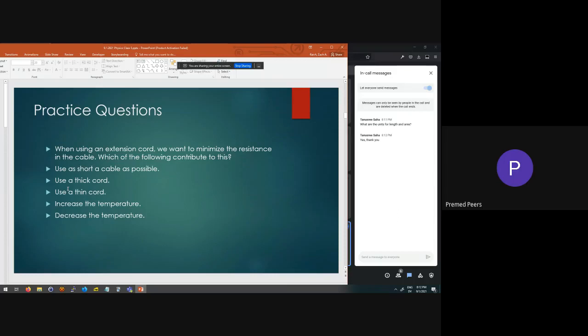Quick practice question here. If I have an extension cord, you'd want it to have negligible resistance. So which of the following would help us have that cord have lower resistance? There are multiple right answers here.